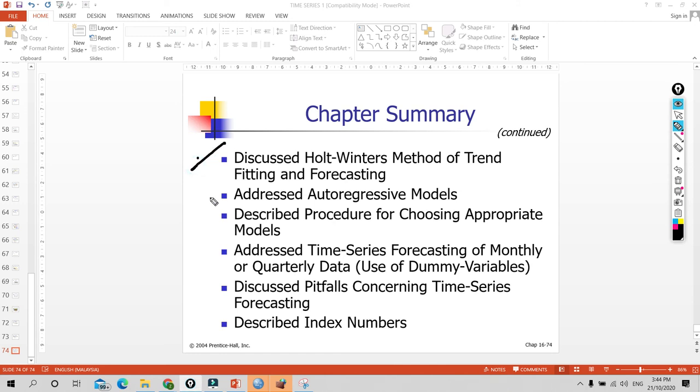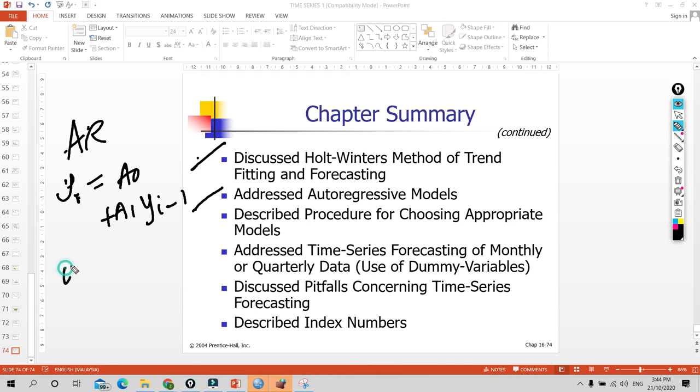We have discussed this one, and we also discuss the autoregressive model, the AR model, subject to the order. So yi is equal to a naught plus a1 yi minus 1. This is the first order.